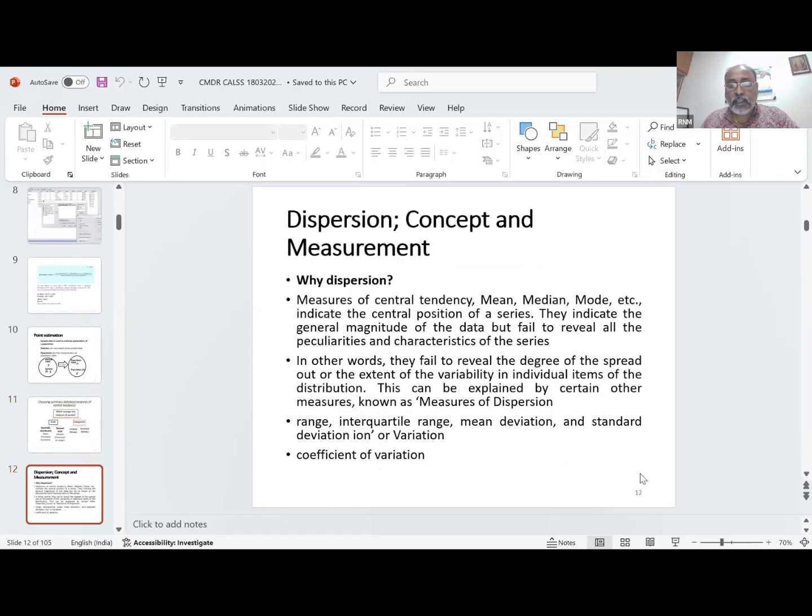So the dispersion, I am sure you people have a lot of clarity on mean, median, mode.